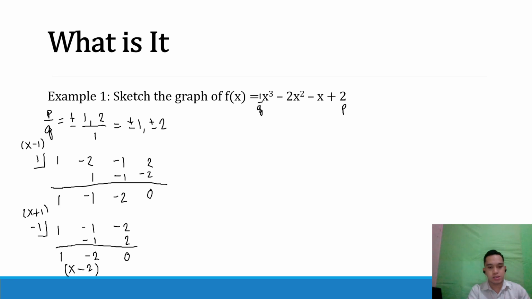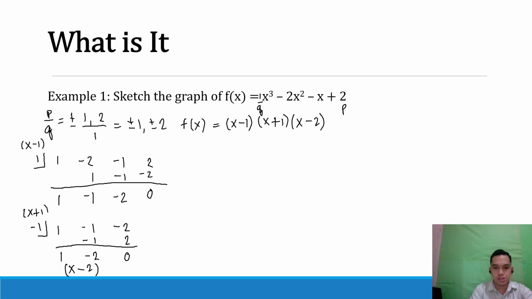So the factors of our polynomial function are f of x equals, these are its factors, class: x minus 1, times the quantity x plus 1, times the quantity x minus 2. Those are the factors of our polynomial function.